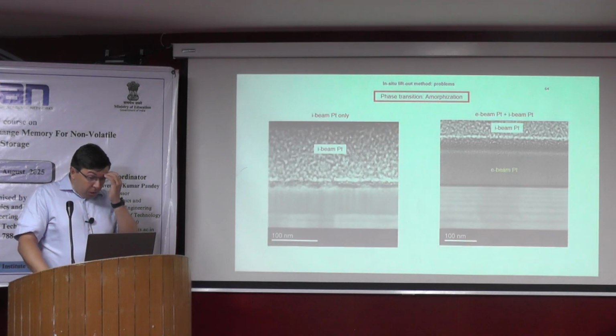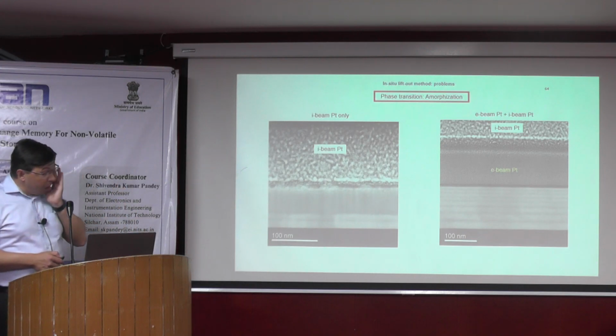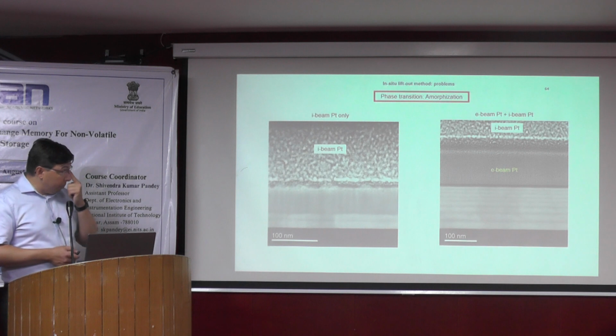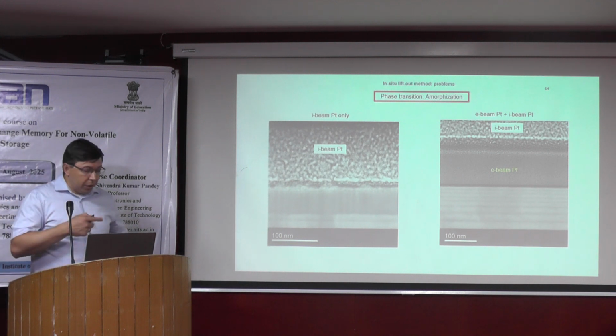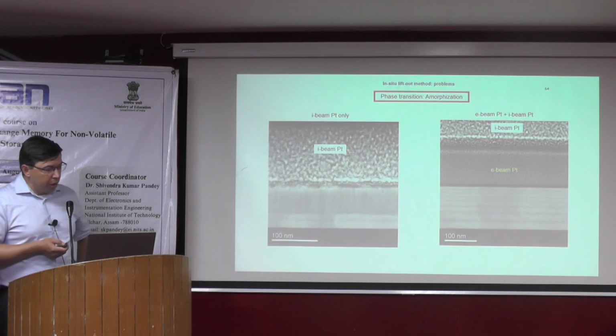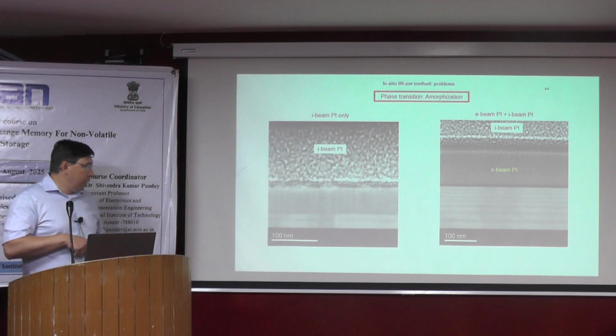Another problem is the FIB preparation of the lamella itself, of beam-sensitive materials like phase change materials, chalcogenide phase change materials.